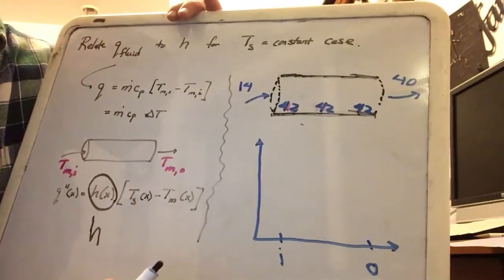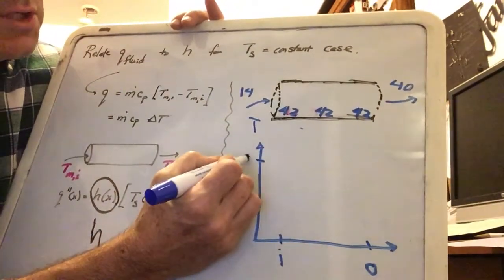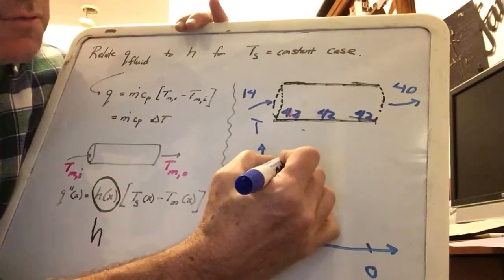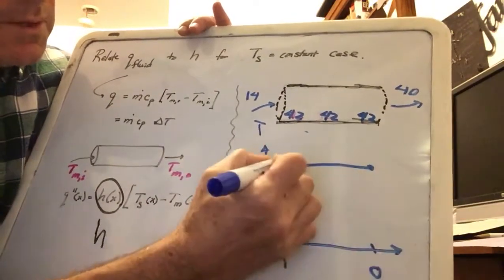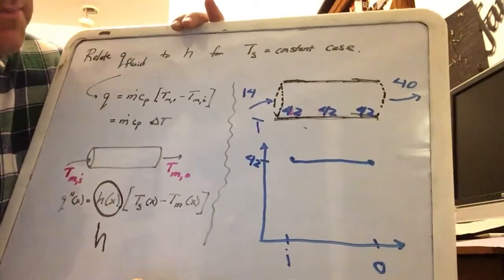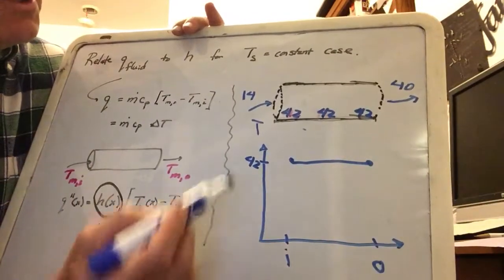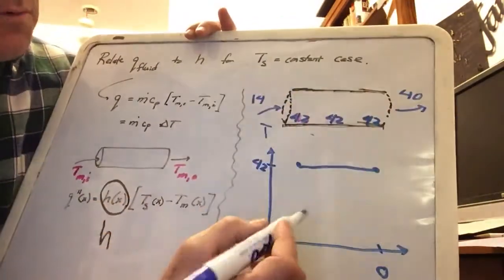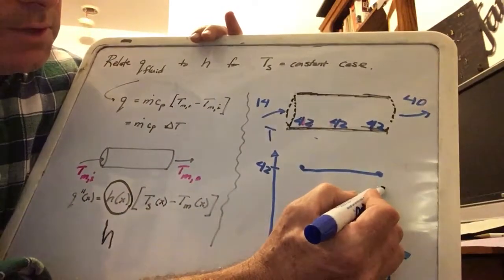Surface temperature is really easy. This axis is temperature. Surface temperature is 42 the whole way along, so it's just going to be a horizontal line. And then the fluid temperature, the bulk, mean or average fluid temperature, starts at 14 and ends at 40. So it's going to start down here at 14 and end up at 40.